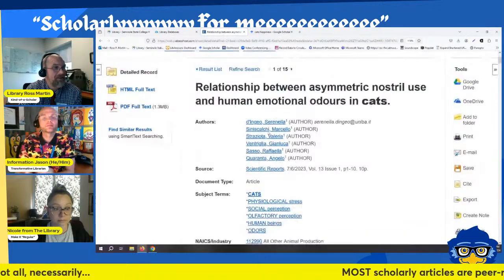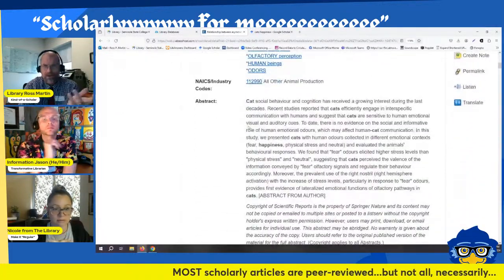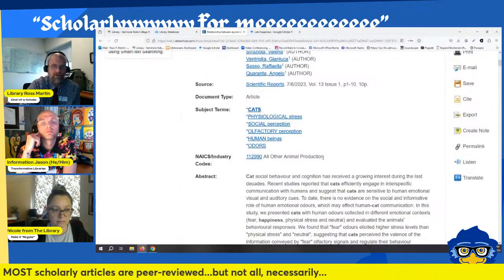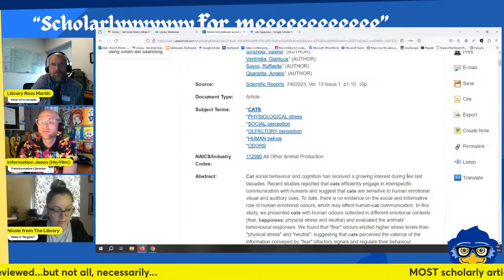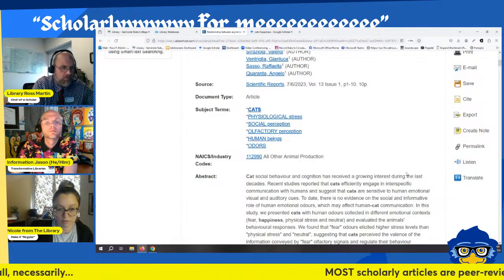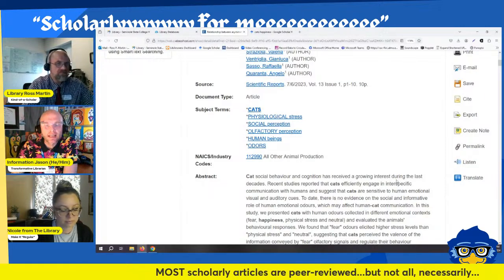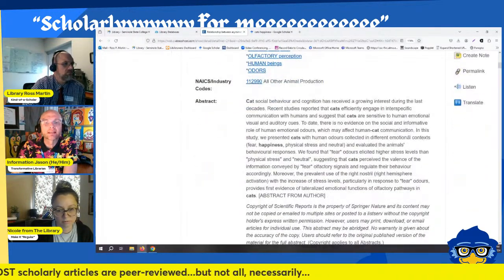I love those labels that they put on this. It'll tell you exactly what you're dealing with. Like Jason said, DOIs are kind of a telltale sign you're dealing with scholarly sources. Not every journal has one, but most do nowadays. And when they do, that tells you you're getting something of quality.